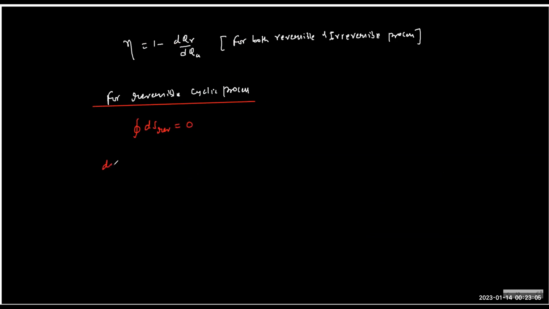So the decrease in entropy of the source due to heat absorption can be written as dQA by TH, right? Because you are removing, not adding. So this is the decrease, the loss of entropy.